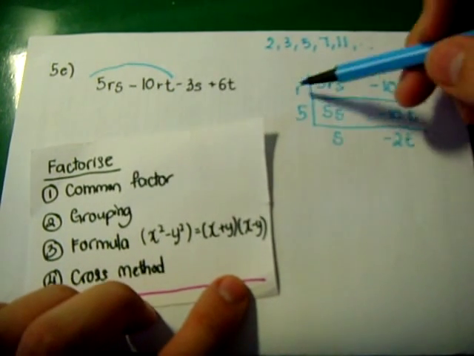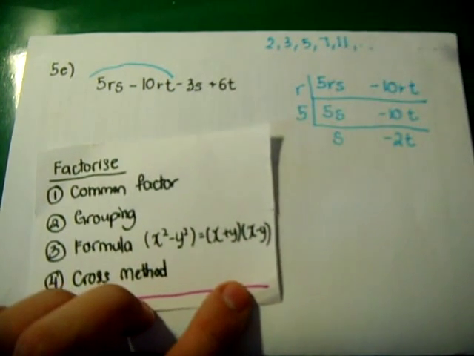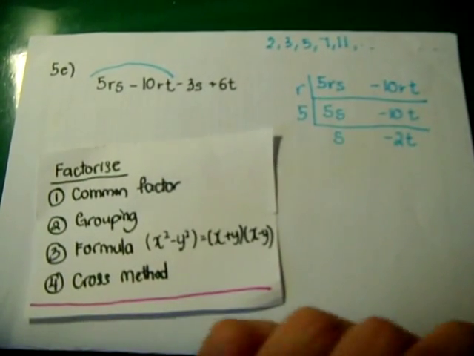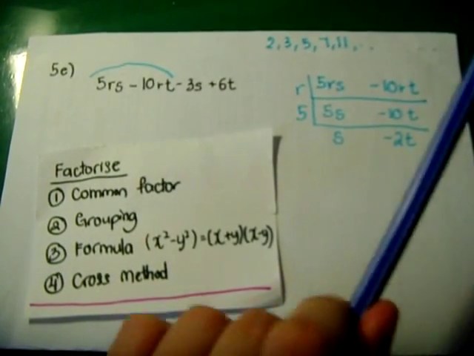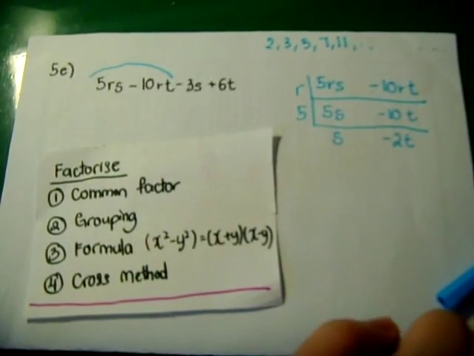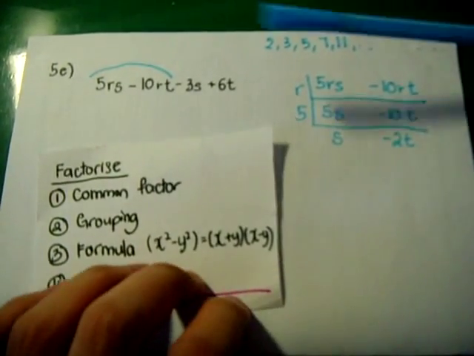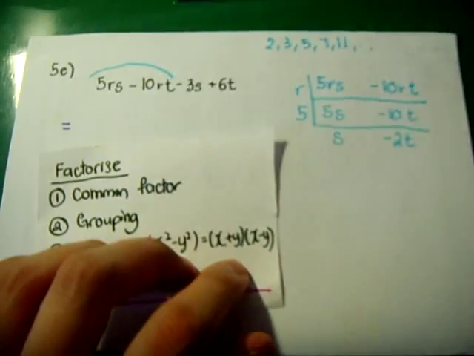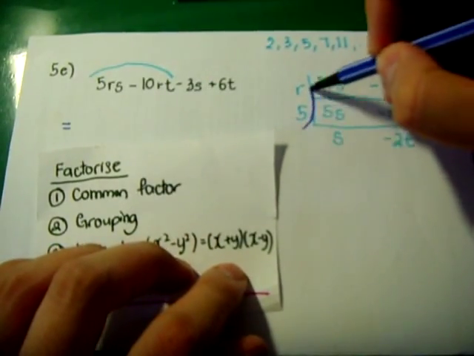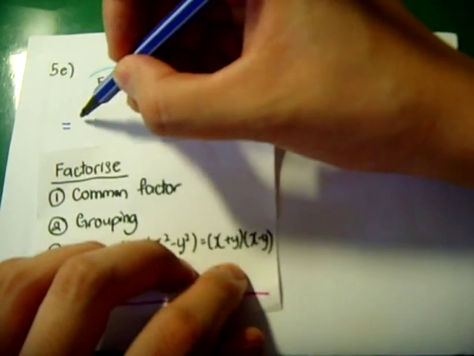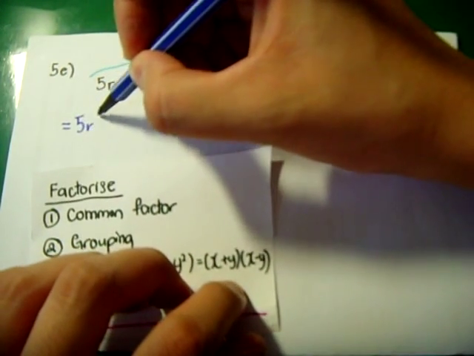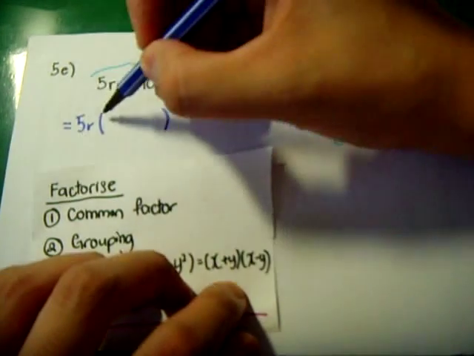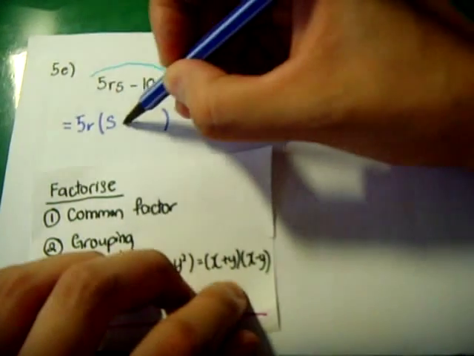Let us write it down first. So this thing is equal to 5 times r, which is 5r, and a big bracket. Inside the bracket I write s minus 2t.